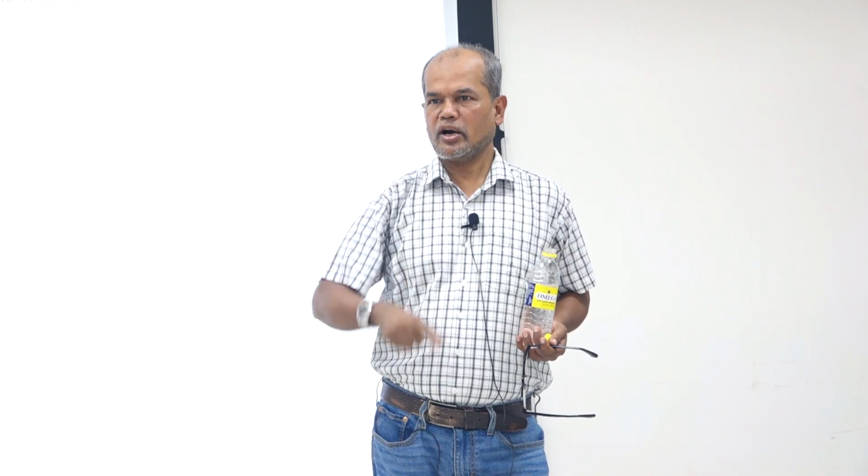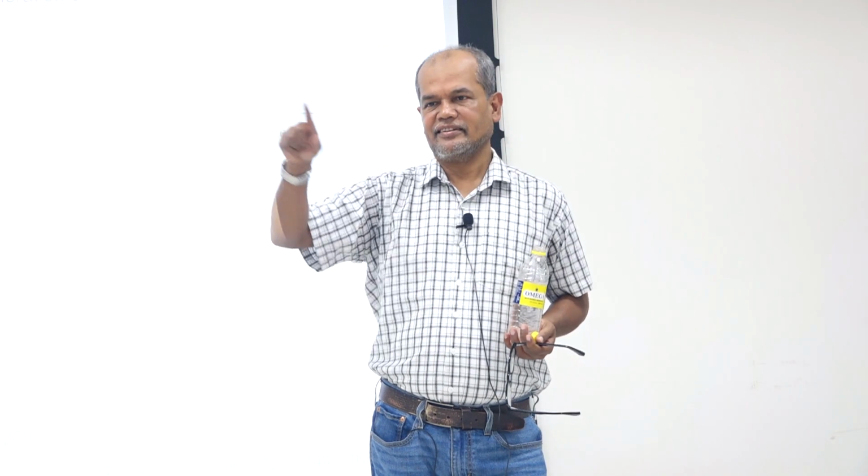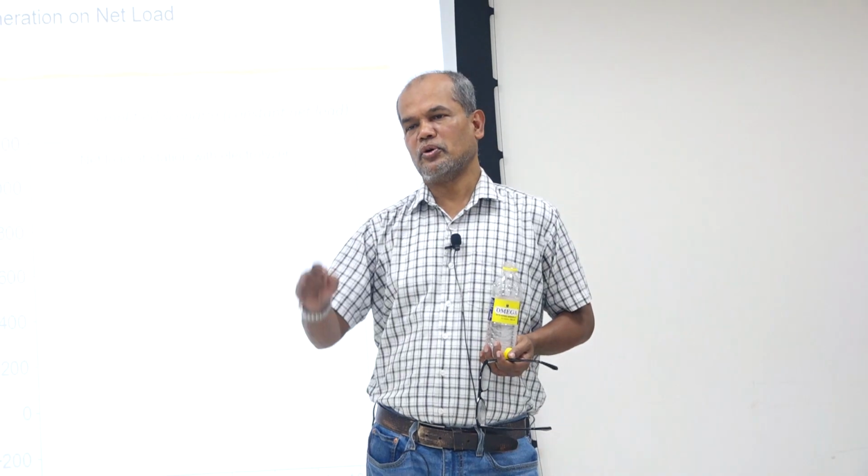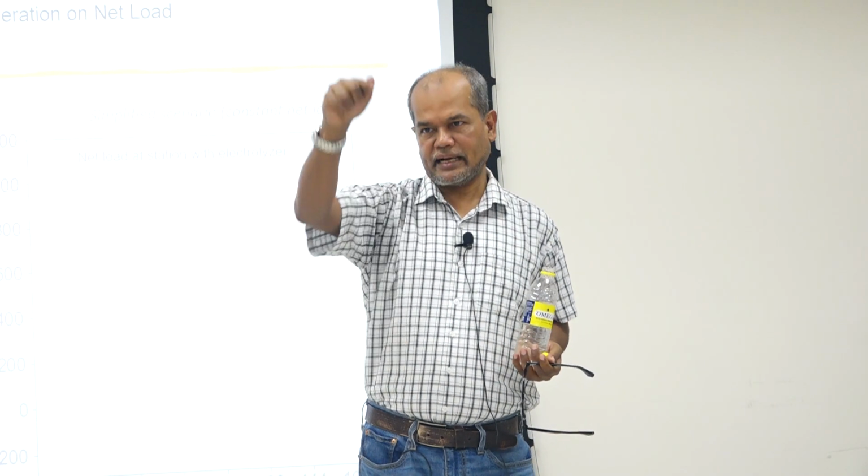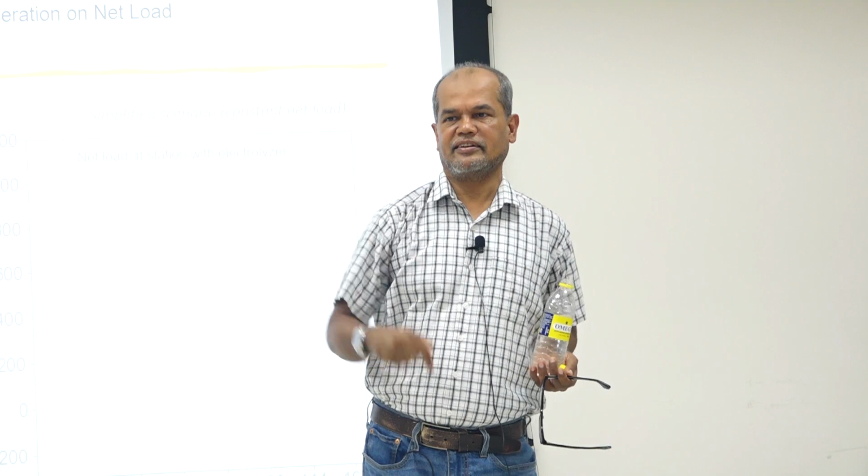Although individually it is fluctuating, when you combine all of this, you get a constant. Thank you, sir. So positive fluctuation and negative fluctuation, each of them cancels each other at the PCC. Okay, thank you.